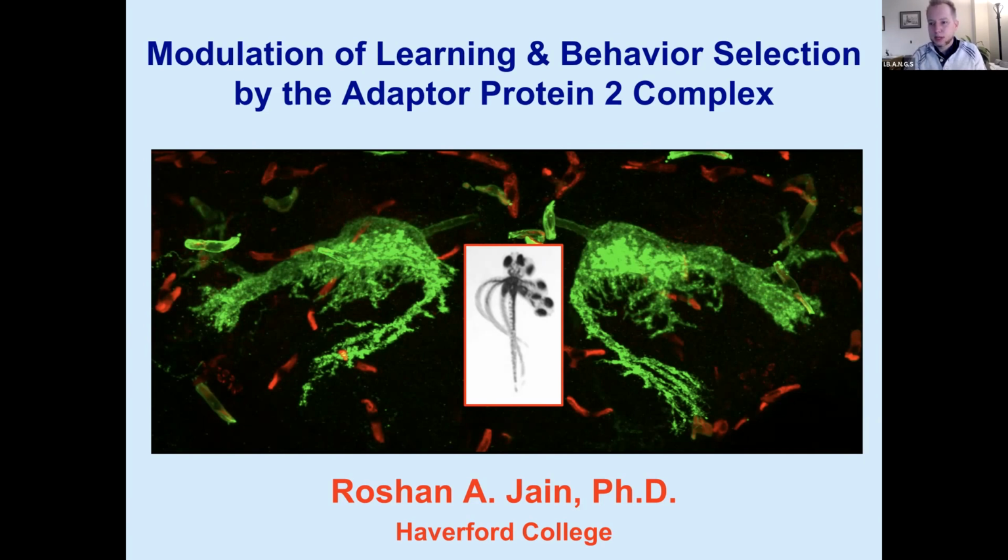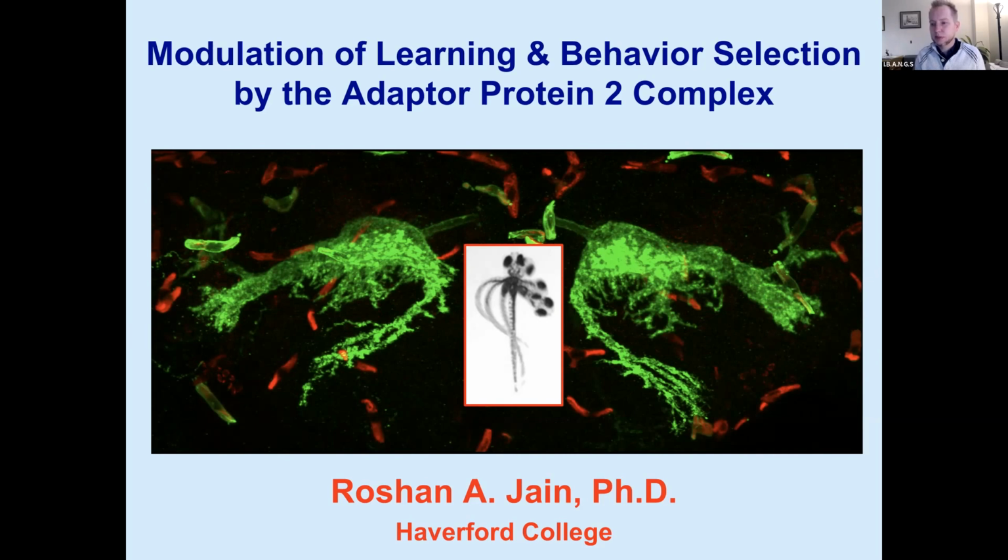Then after his postdoc, he moved to Haverford, and I guess that's not a far move. Maybe it wasn't, maybe you didn't even move. In 2015, where he still is now, continuing his zebrafish work, looking at decision-making and memory phenotypes in larval zebrafish, and has been developing and studying zebrafish mutants to identify a number of genes associated with those phenotypes.